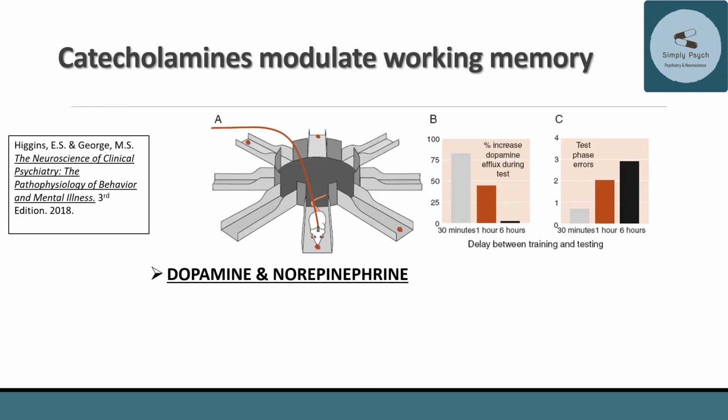So there's clusters. So we can't talk about working memory without talking about two catecholamines, which are dopamine and norepinephrine. And what you see here is a rat with microelectrodes in its brain, and essentially this is the radial maze that is often used in neuroscience research.